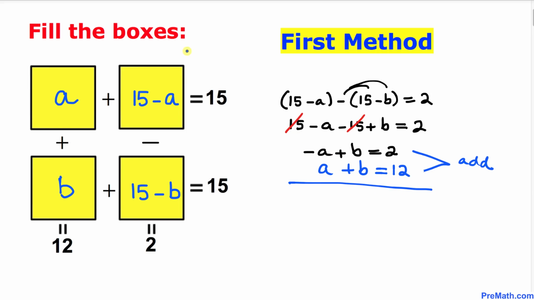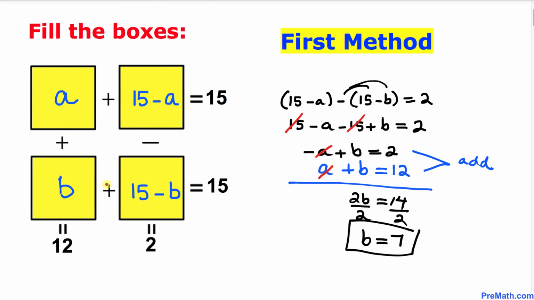If we add these two equations, this negative A and positive A, they are gone. So we ended up with 2B equal to 14. Let's divide both sides by 2. So B turns out to be simply 7.